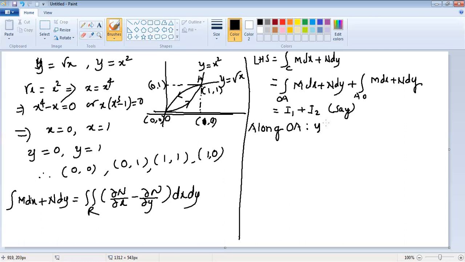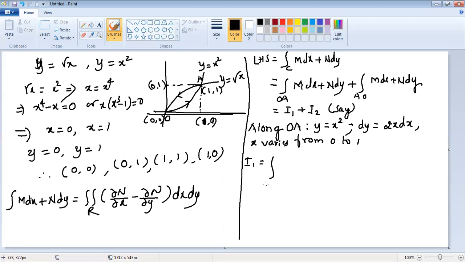Along OA, y is equal to x square, then dy is equal to 2x into dx, and here x varies from 0 to 1.